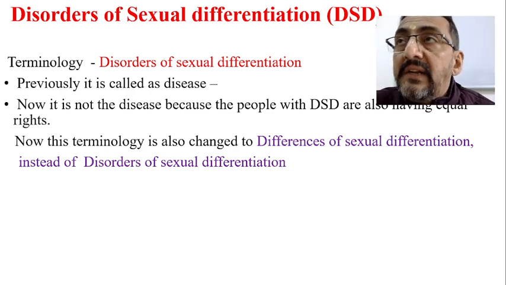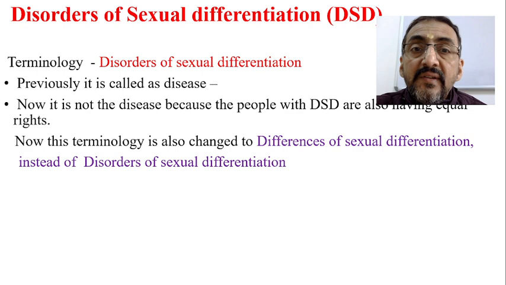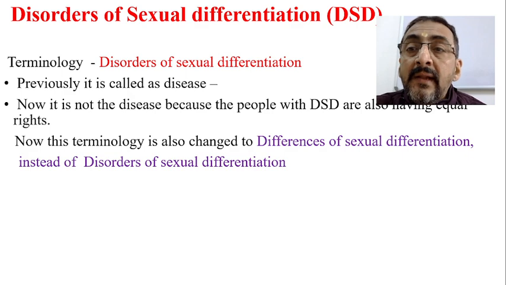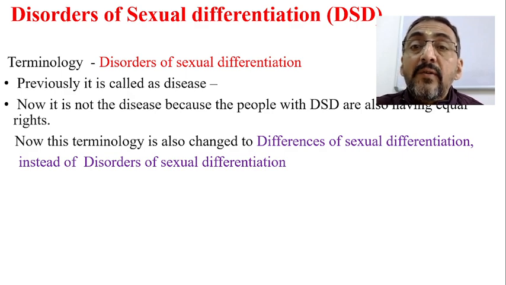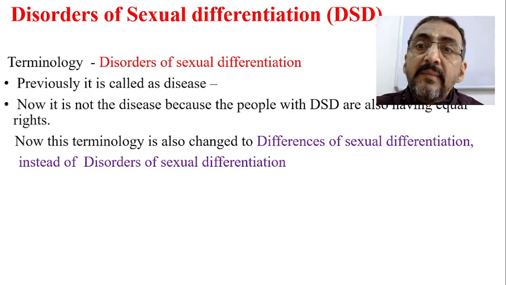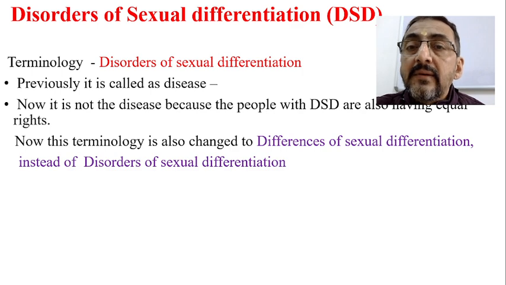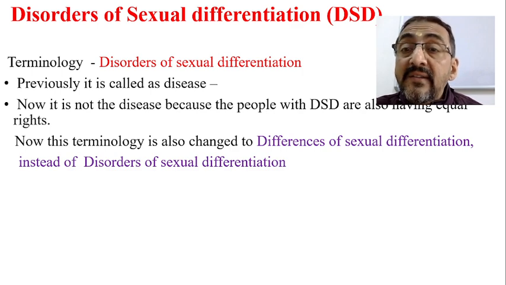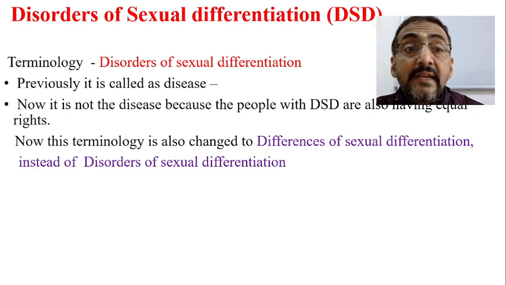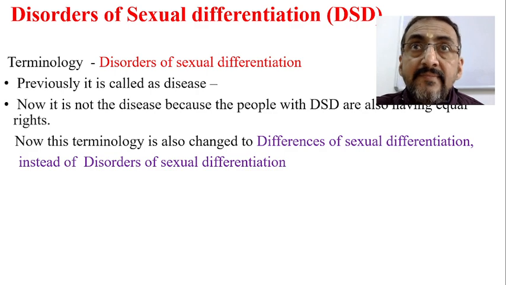Now first come to the terminology, disorders of sexual differentiation. The latest terminology is different, because previously the same was called a disease. Now it is not called a disease, because people with DSD have equal rights socially.